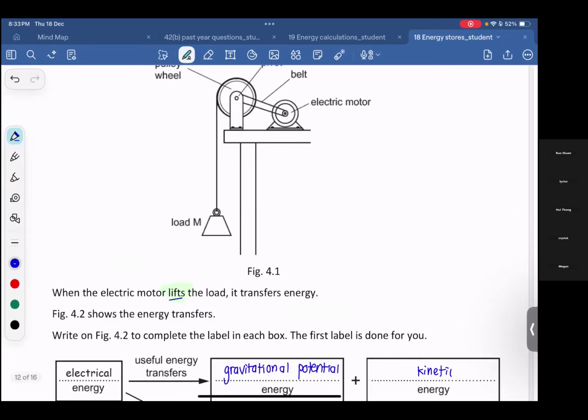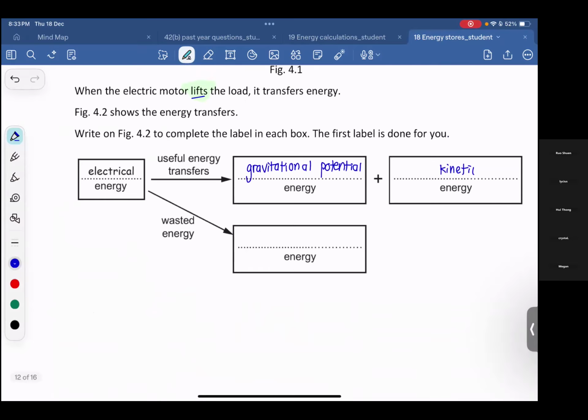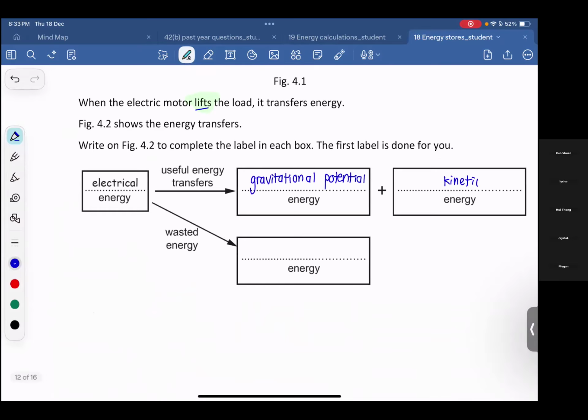So here, what is the wasted energy? Only one. Sound is very little, but there is only one box, so we won't write it. The wasted energy should not be sound.